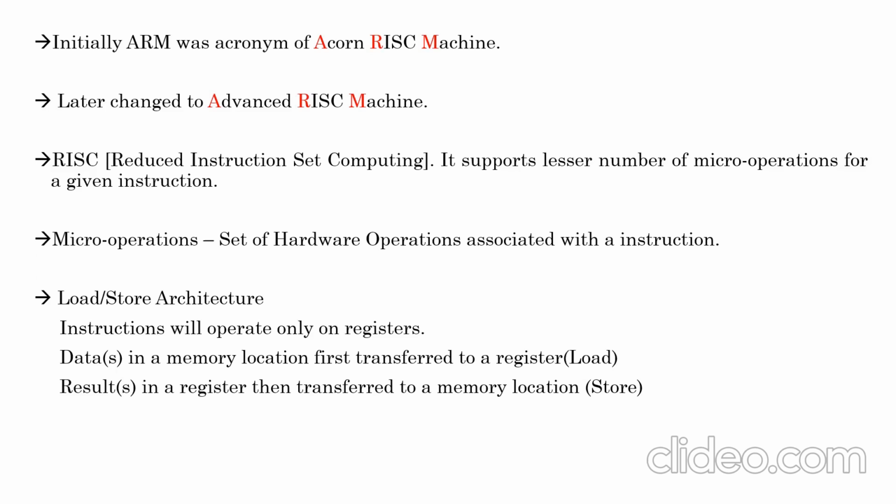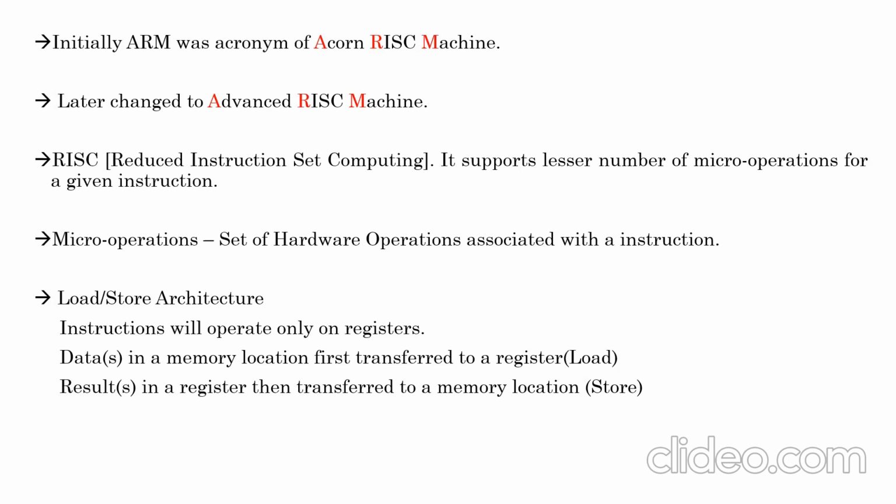The hardware operations are called micro operations, and the instruction is called a macro operation. If a given instruction has a lesser number of hardware operations involved with it, it is called reduced instruction set computing.